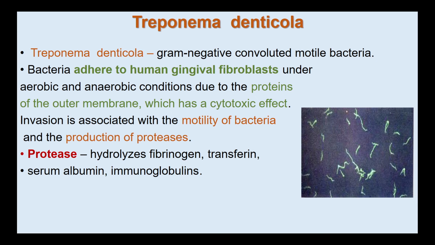Another bacteria, Treponema denticola, is a spirochete, gram-negative, but not usually gram-staining, as in most spirochetes. The bacteria adhere to human gingival fibroblasts under aerobic and anaerobic conditions due to the proteins of the outer membrane, which have a cytotoxic effect.